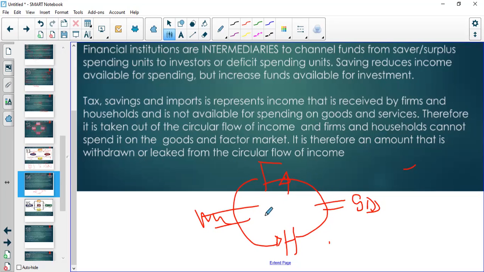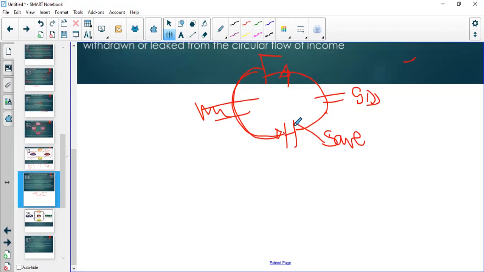All right. So if you look here, the money that comes from the firms to the households, not all of it is going to be spent because they might as well save some, right? Or some of the money that they got, the households might spend in Germany, not in South Africa.